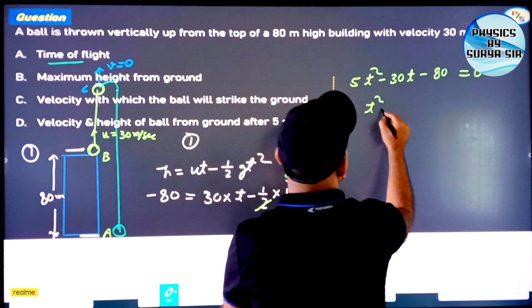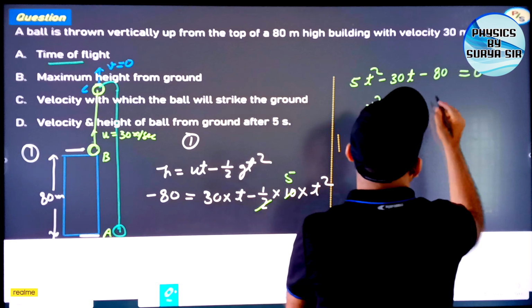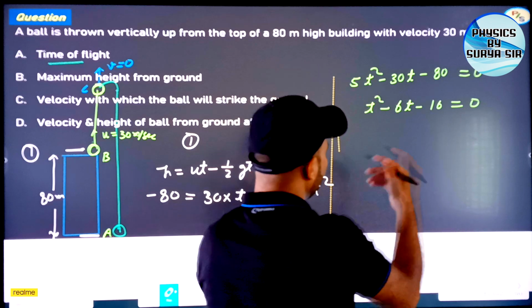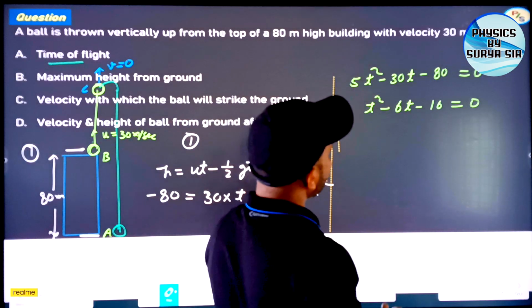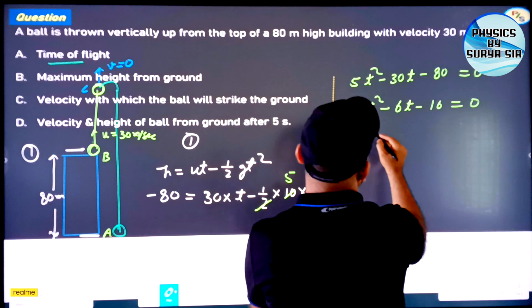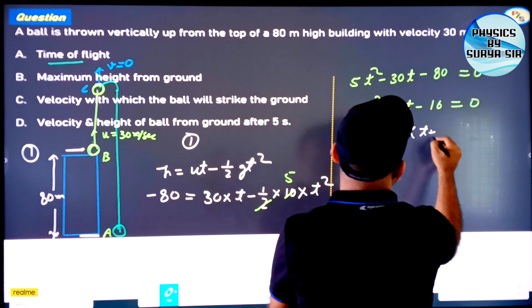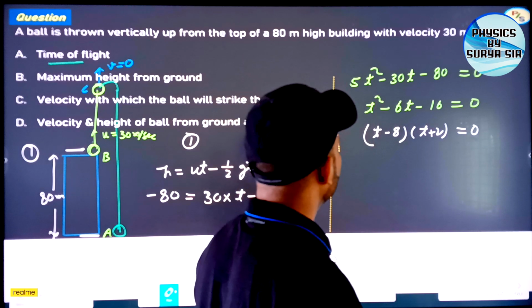Solve it. This will be t square minus 6t minus 16 is equal to 0. Now factor this. This will be 8 and 2. So (t minus 8)(t plus 2) is equal to 0.